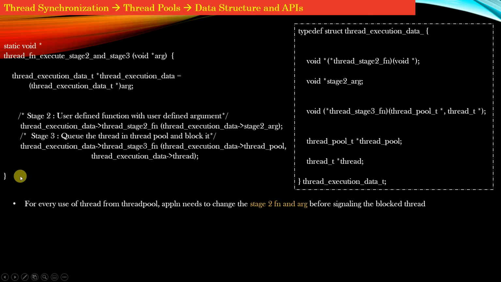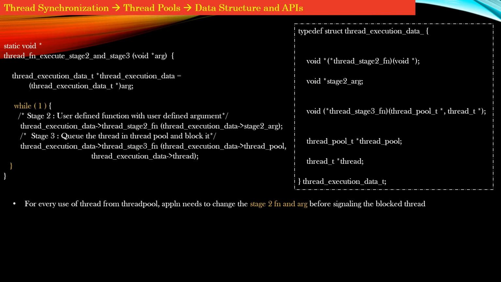Now the final thing is that we need to execute this API in an infinite loop. This is because when the thread executes stage 3, the thread would block itself and we will signal the thread to resume its execution to perform another task which is provided by the application.